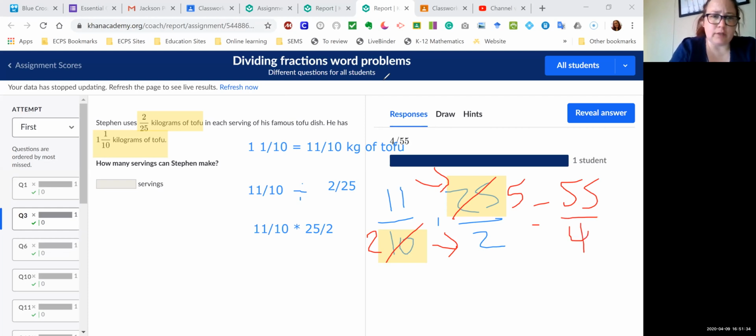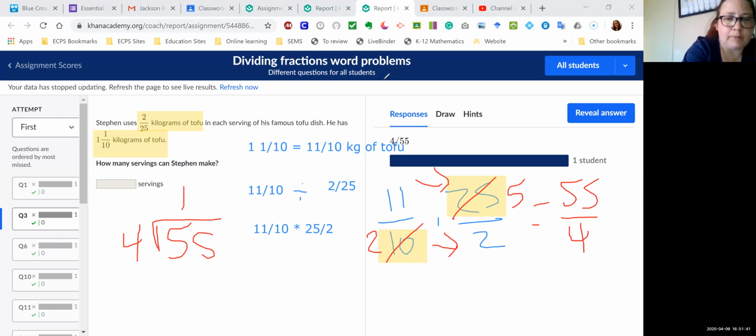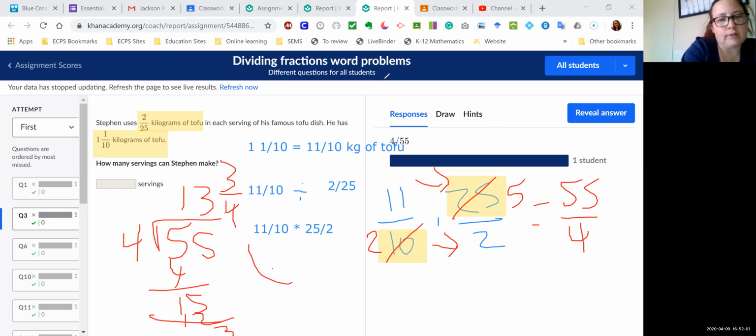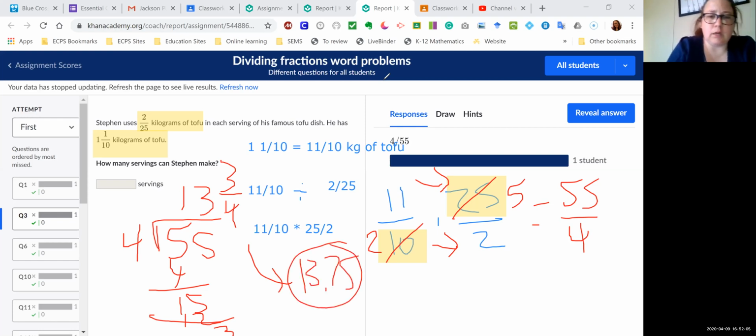So to figure out how many servings Stephen can make, I'm going to divide 4 into 55, which gives me 13, with 3 remaining, so it'd be 13 3/4, which is the same thing as saying 13.75 servings of that famous tofu dish of his.